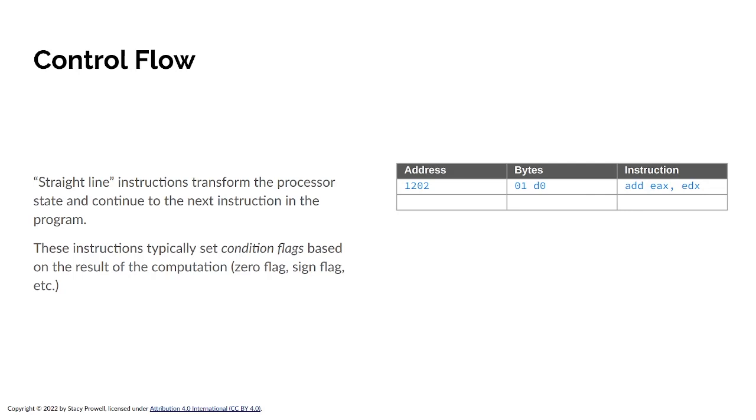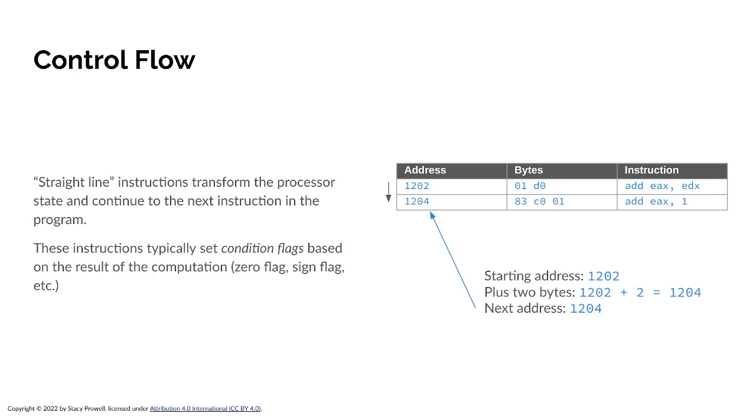We have an instruction, it's 2 bytes long, that's how it's decoded, and it's at address 1202. What is the address of the next instruction? It's 2 bytes, so the next instruction should be at 1204, and in fact, that's where it's going to be. And that will be a 3-byte instruction. Okay, and so we'll execute it. The next instruction after that would be 3 bytes later.